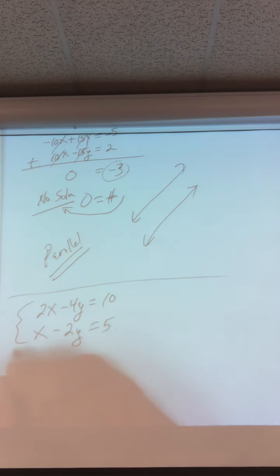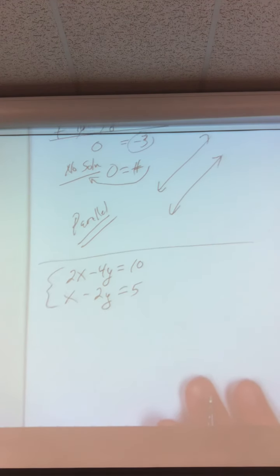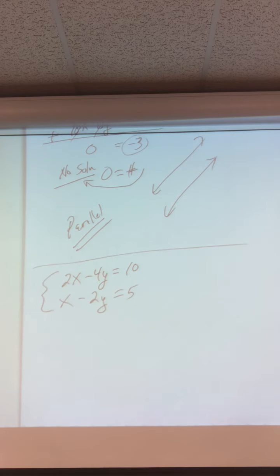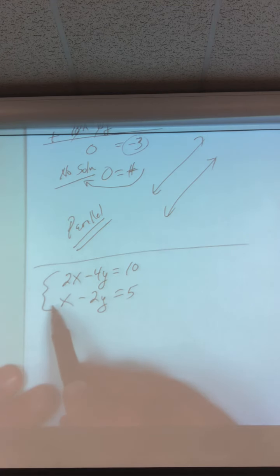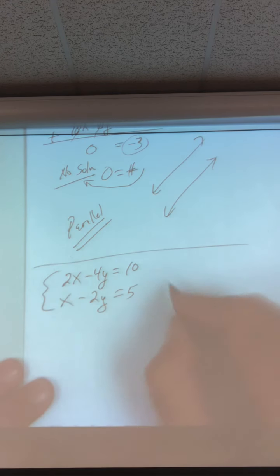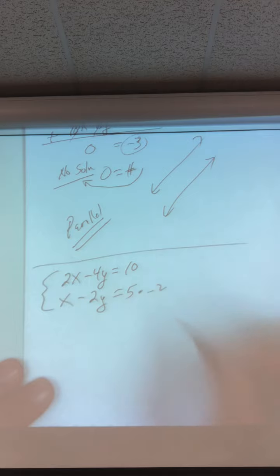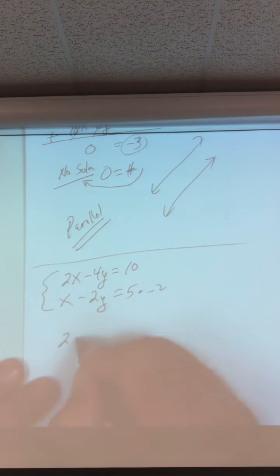Okay, so let's do one more. Let's solve this system. Let's get rid of the x's again. This is a 2, so I'm going to get this to be a 2. But it needs to be negative. So let's take negative 2 times that bottom equation. Leave the top one alone.